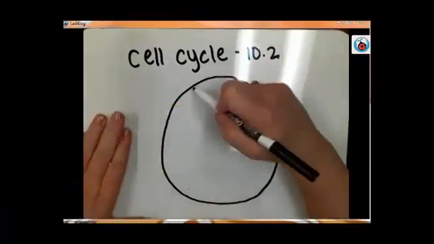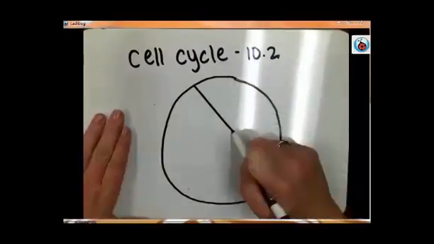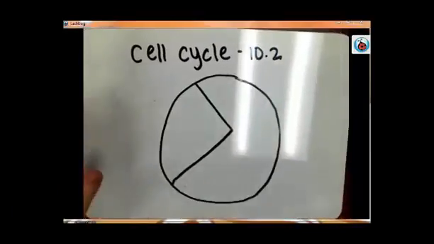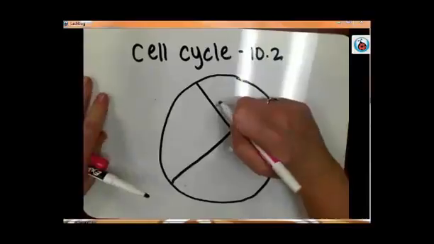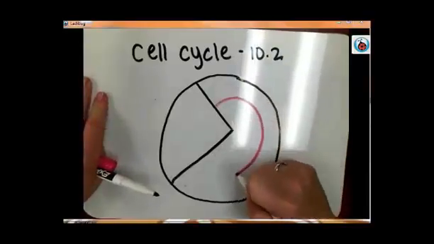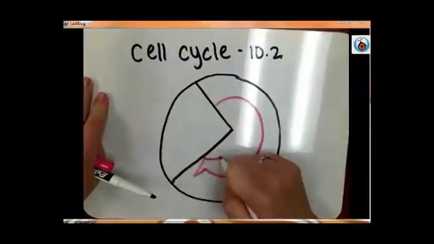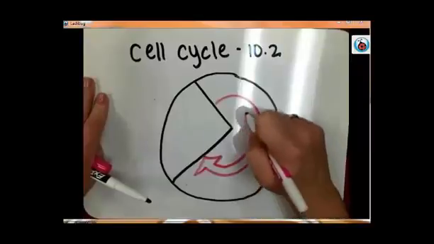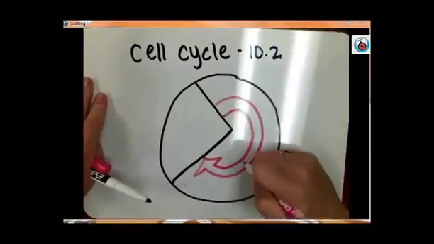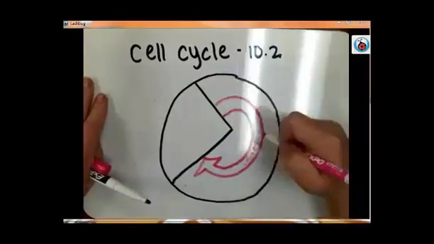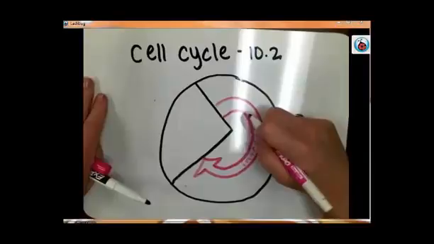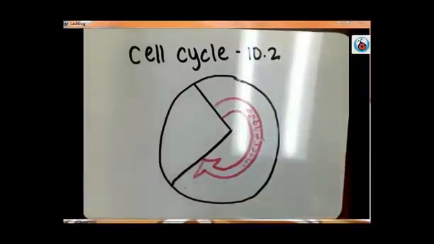To start us off, we're going to start our cell cycle in interphase. Now interphase is actually going to take up most of the cell's life. So we're going to draw that by showing our arrows. This right here is interphase. In interphase, we can actually then divide it into 3 other phases.